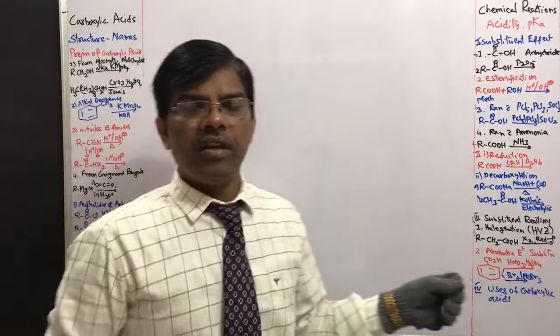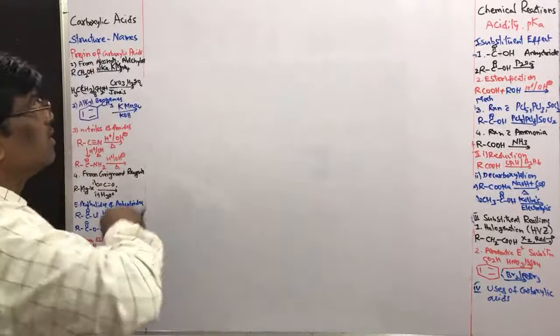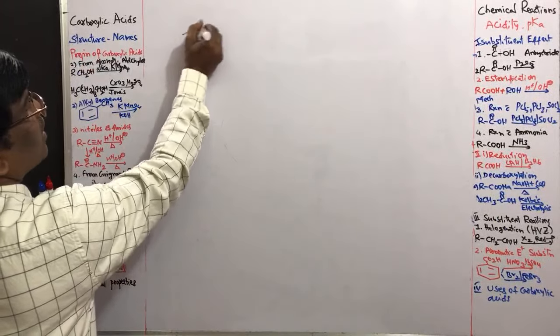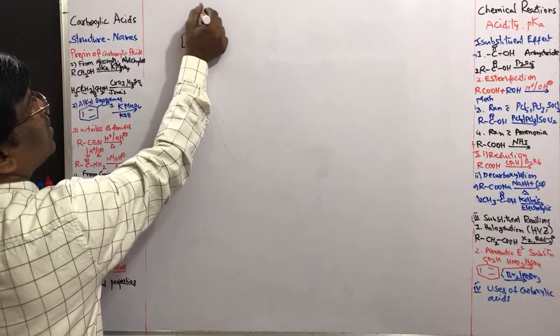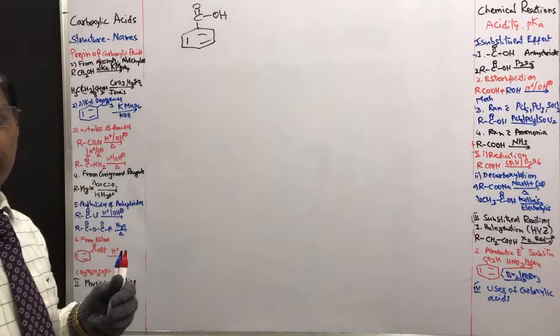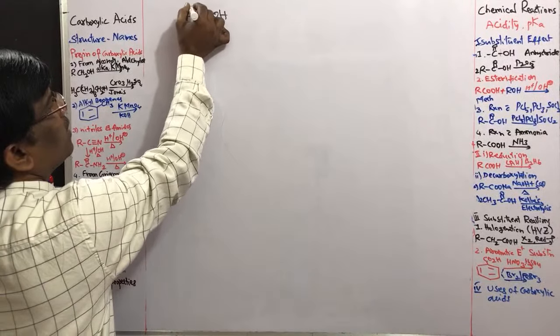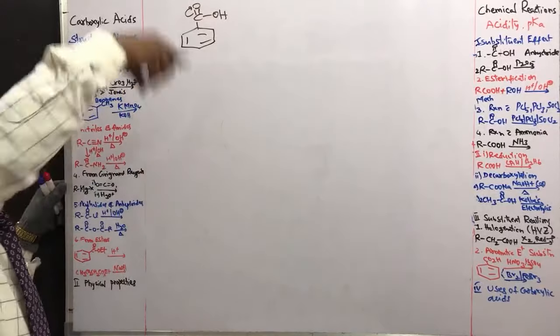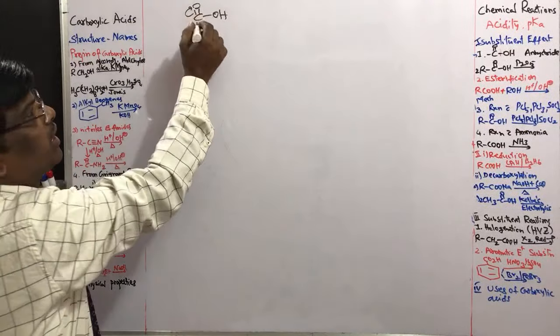Next students, if the carboxylic acid is an aromatic compound, then what is the fate? So let us take benzoic acid. What is the nature of this benzoic acid group? Is it electron withdrawing or donating? It is an electron withdrawing group. It withdraws electron density from the benzene ring.